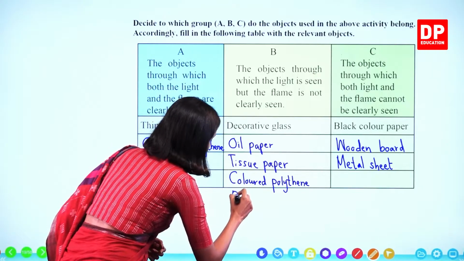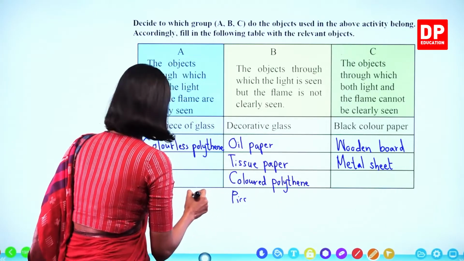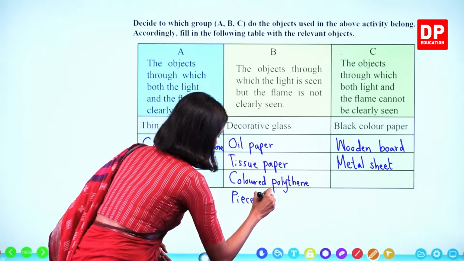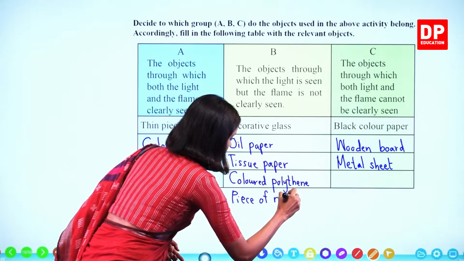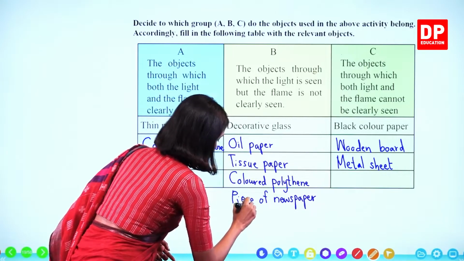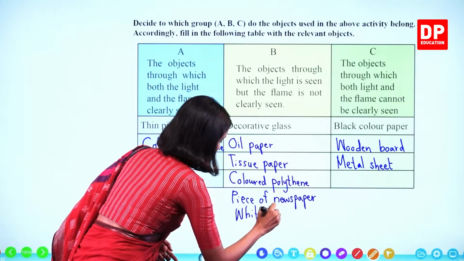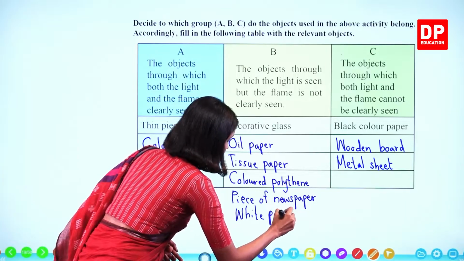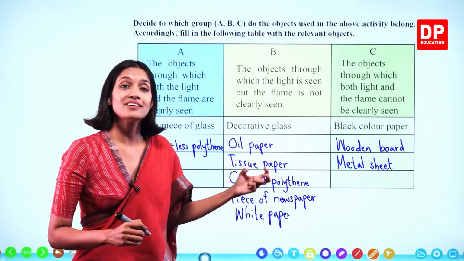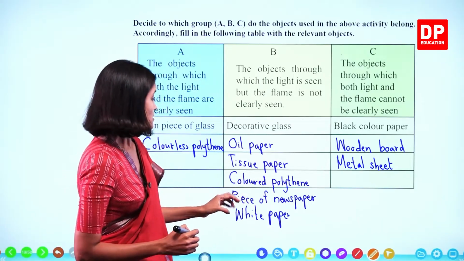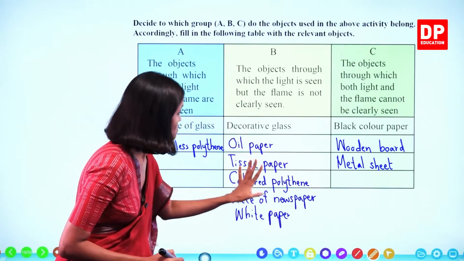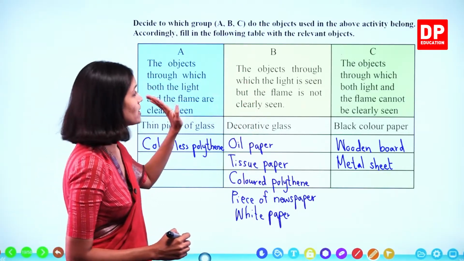Piece of newspaper, and white paper too. And sometimes through some pieces of newspaper you can't see, it depends on the color of the newspaper. Okay, so a piece of newspaper, white paper we used, they were also categorized under group B, right?